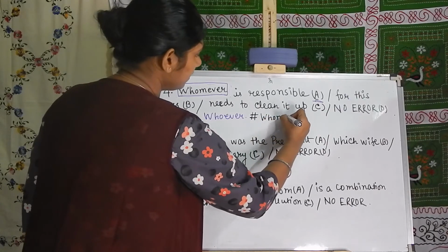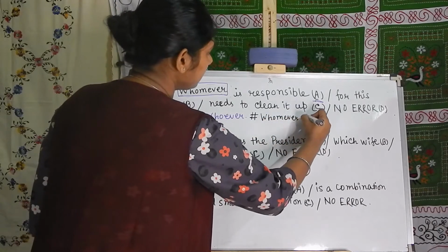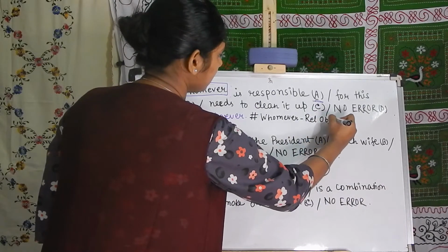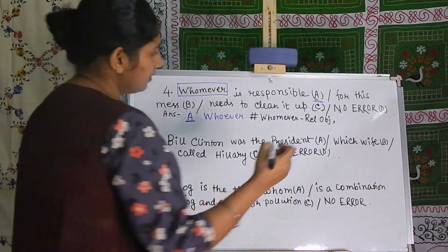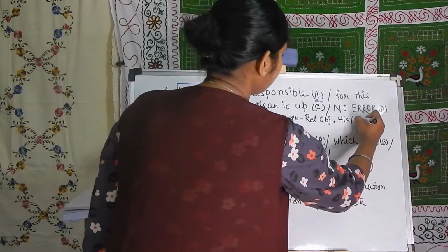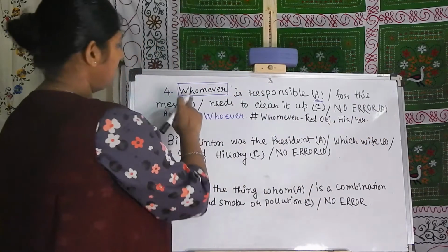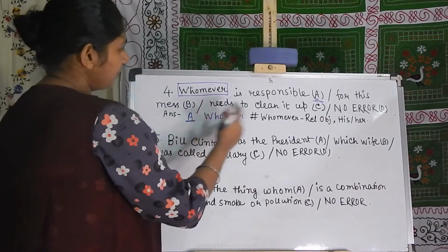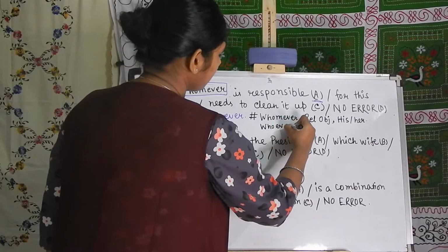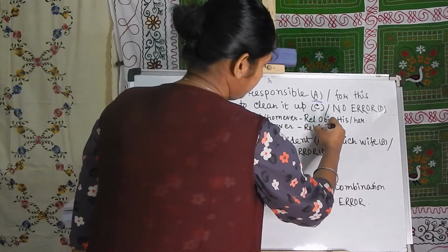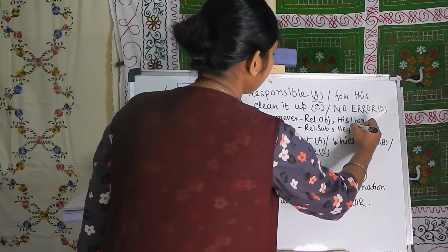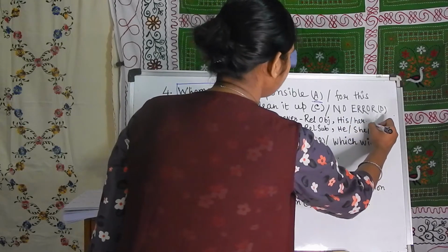Whomever is a relative object and it acts as his, her, like this, and whoever is a relative subject and it acts as he, she, it.